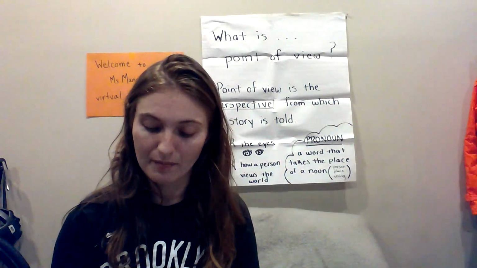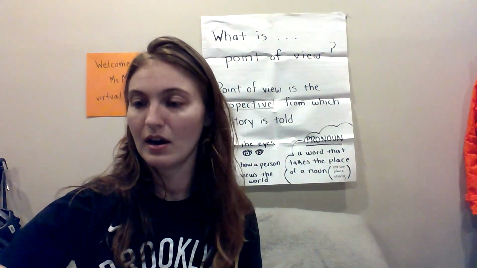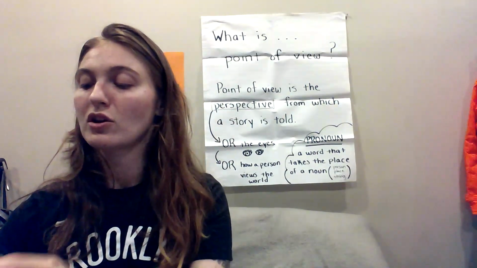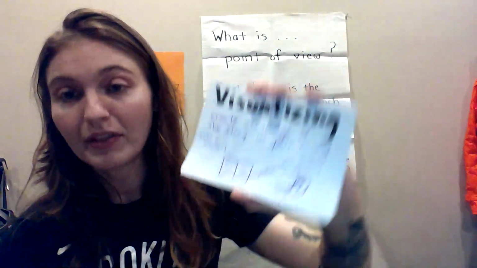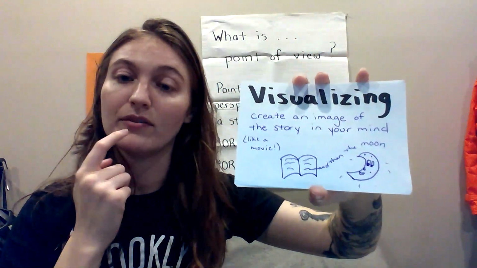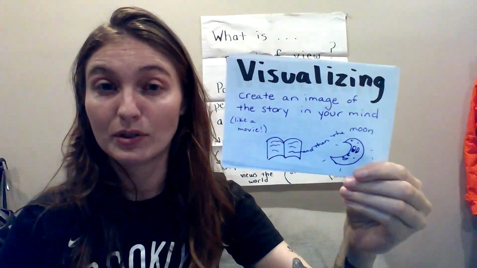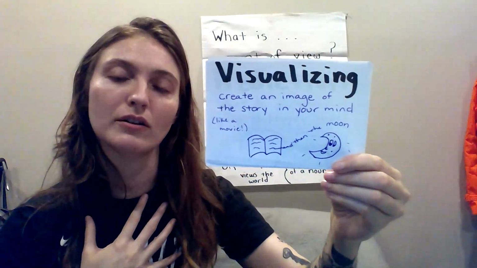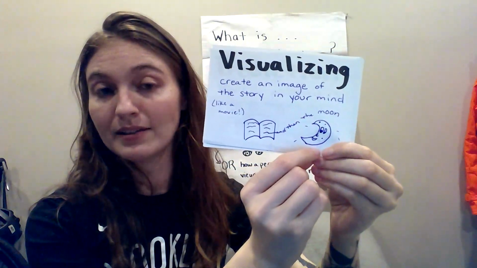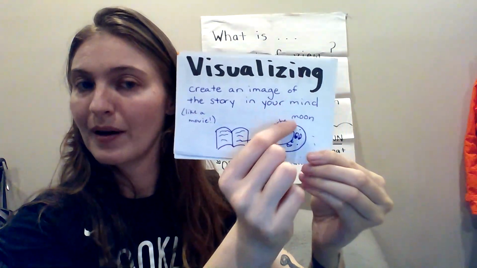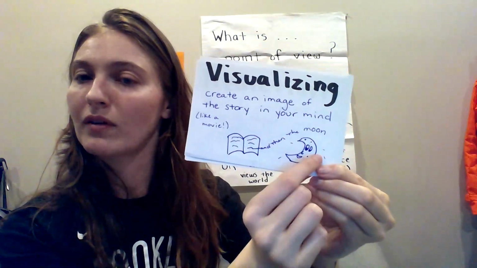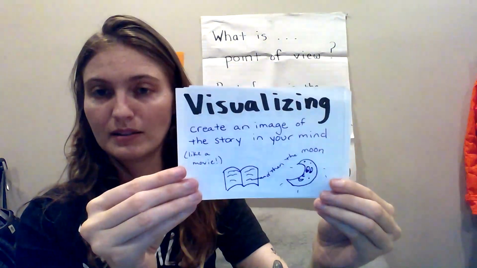Let me just make sure I have my first read separated from my second read. I do. Great. So yes, if the author is a good author, they would use all 5 of their senses to make sure that we have detailed imagery in the story, and it would be easier for the reader to visualize what is happening. So if the story is about the moon, we would see the moon in front of us, okay? Visualizing.